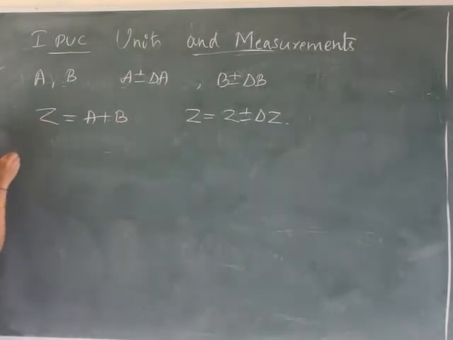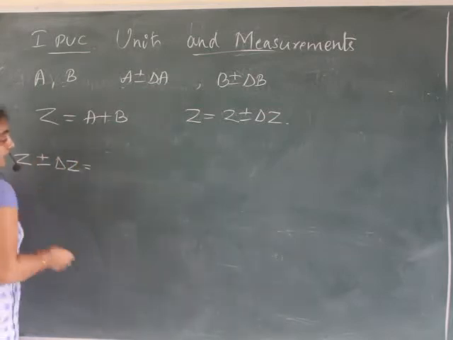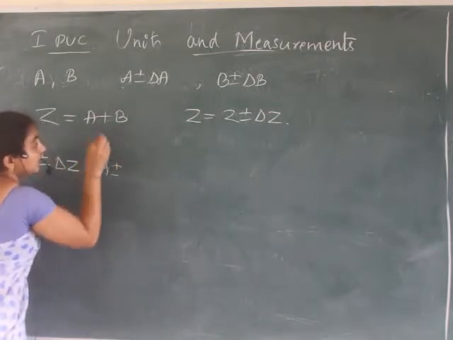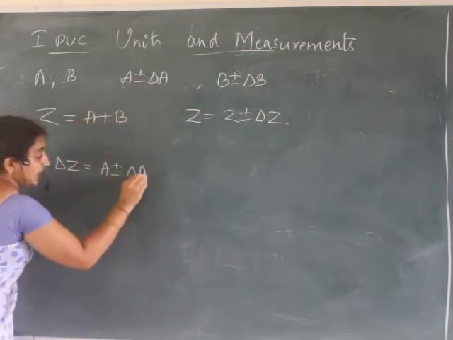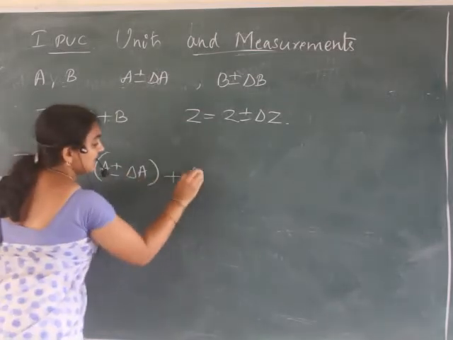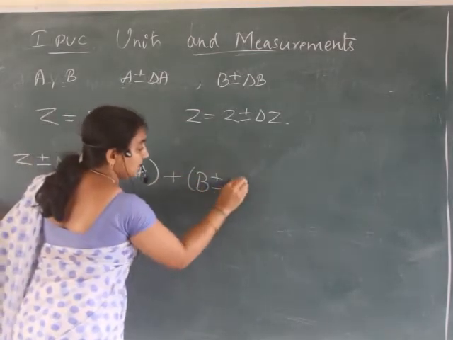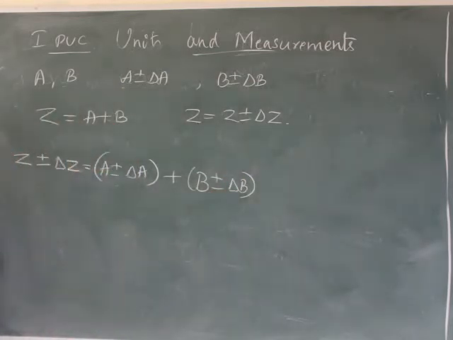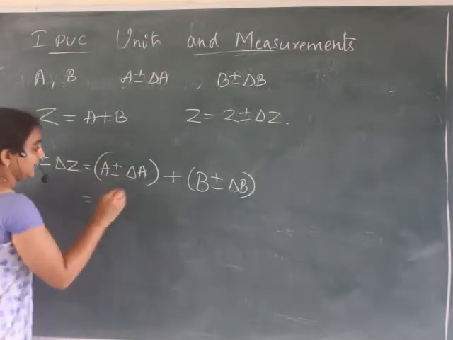Okay, I will substitute it. Z plus or minus delta Z equal to A plus or minus delta A plus B plus or minus delta B. Am I right? Substituting, that's all. Nothing has been done over here. Now tell me, what is the maximum possible error? Just adding, so can I write it like this?